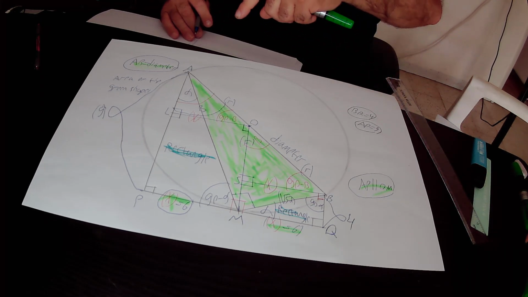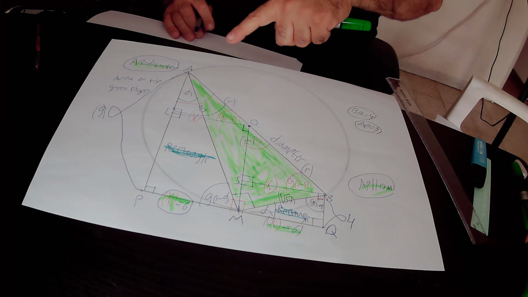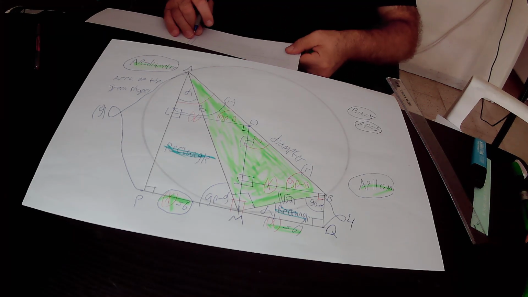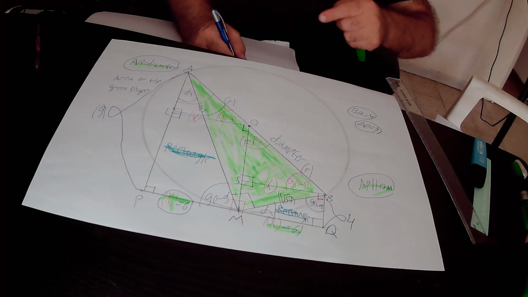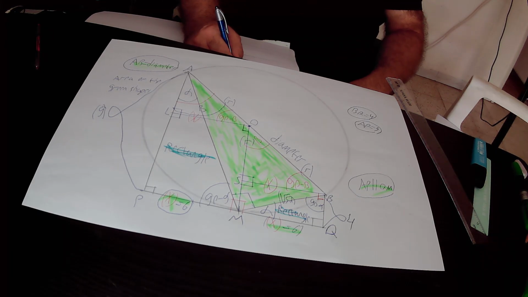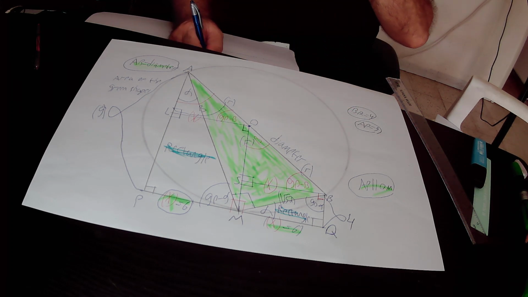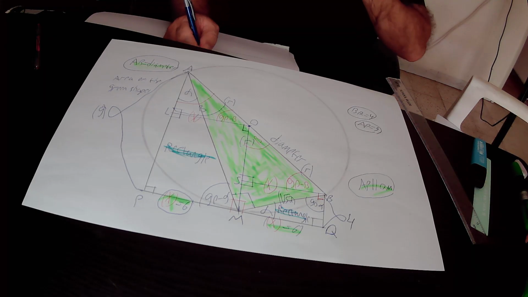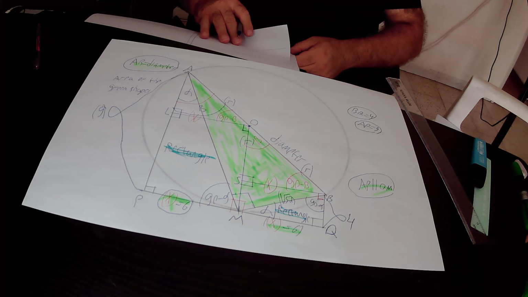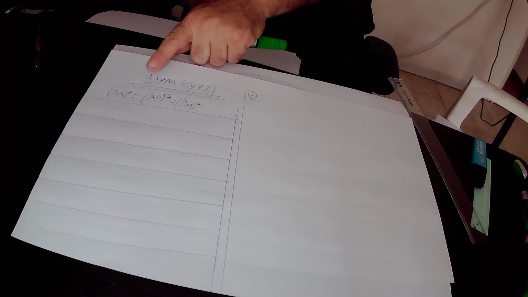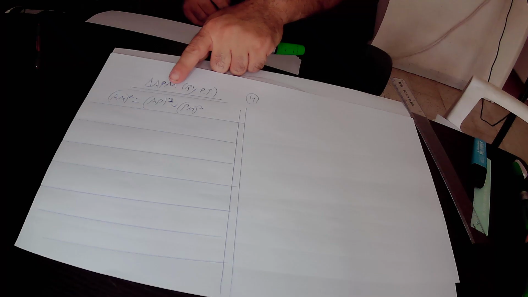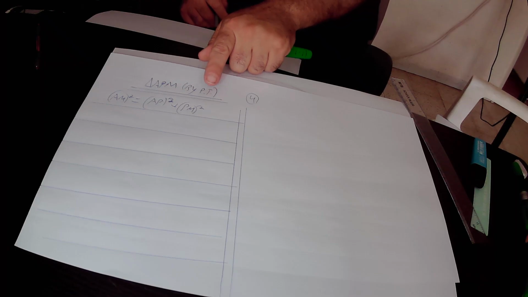According to the Pythagoras theorem, in this big right triangle APM, AM squared, that is the square of the hypotenuse, is equal to AP squared plus PM squared.